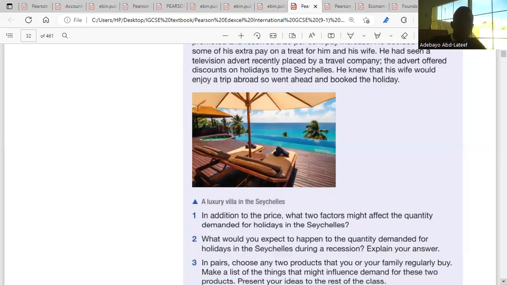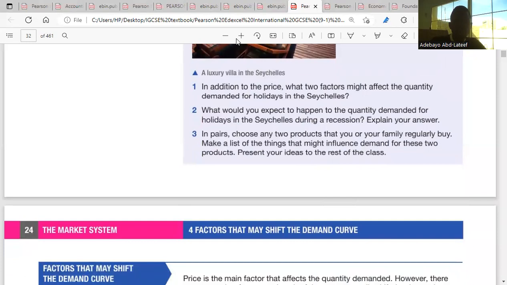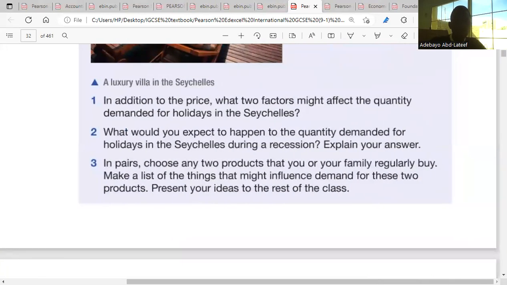Okay, so let's go to the question immediately. In addition to the price, what two factors might affect the quantity demanded for holidays in Seychelles?